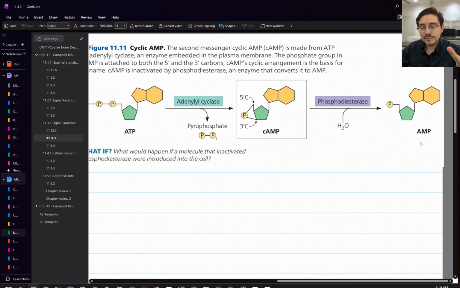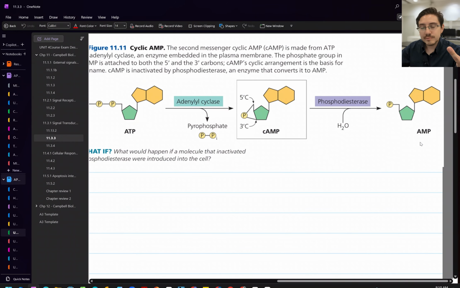I want to call it cAMP because it's so important. It's tightly regulated. Many signaling pathways use cyclic AMP. G protein receptors, RTKs, and protein kinases are involved with cyclic AMP. So it's so fundamental to signal transduction.